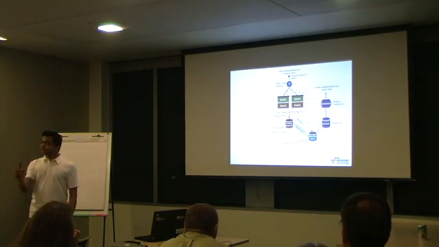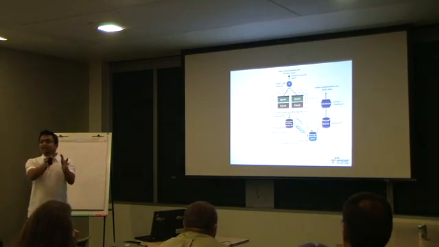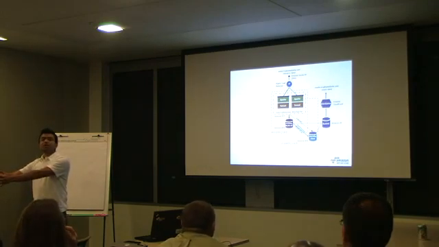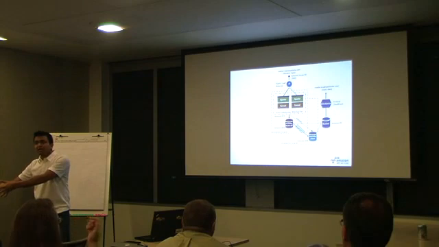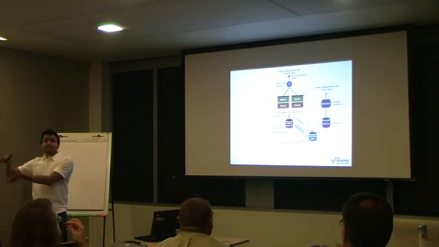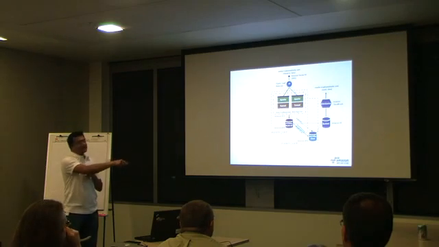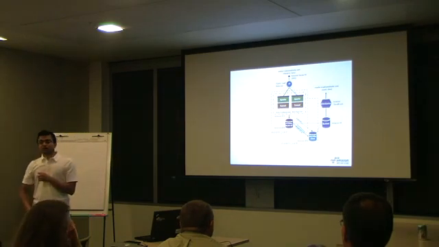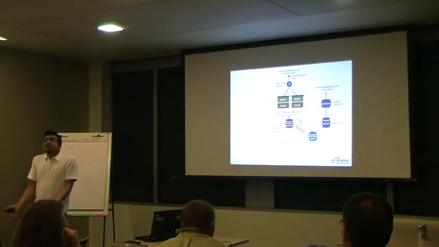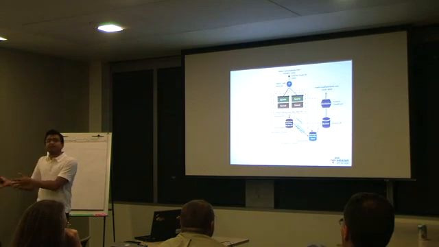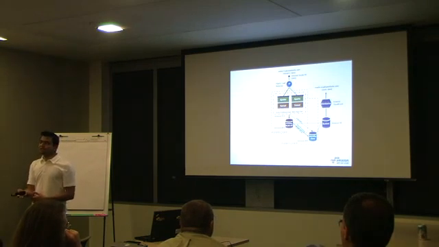With a single click, you can tell Amazon RDS to start a synchronous standby node in another availability zone and do synchronous replication. In case the primary fails, it will automatically fail over to the standby node. He's increasing the availability of his database.